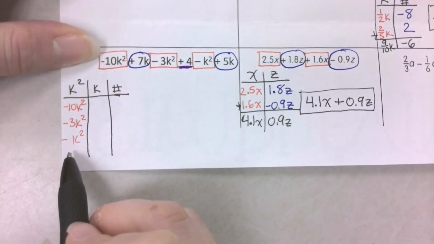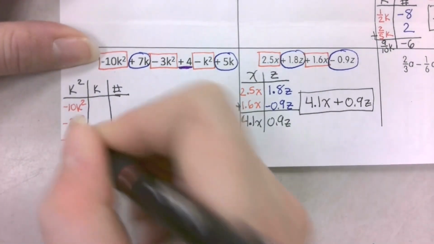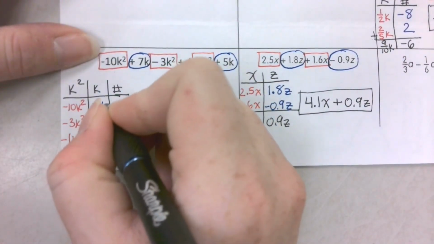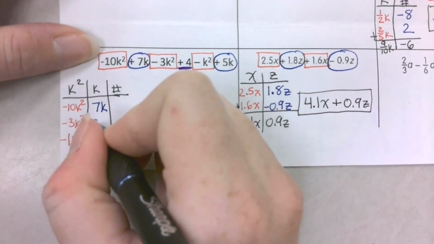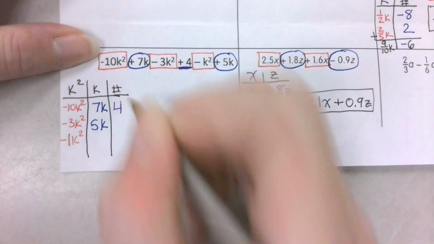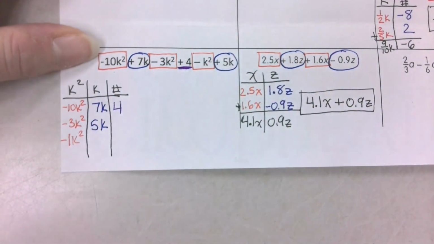What's invisible in front of that k squared? A 1. I highly suggest writing that in so you don't forget it exists. Next we have our k's, which is positive 7k and positive 5k. And last but not least, we have our numbers, which is just a positive 4.